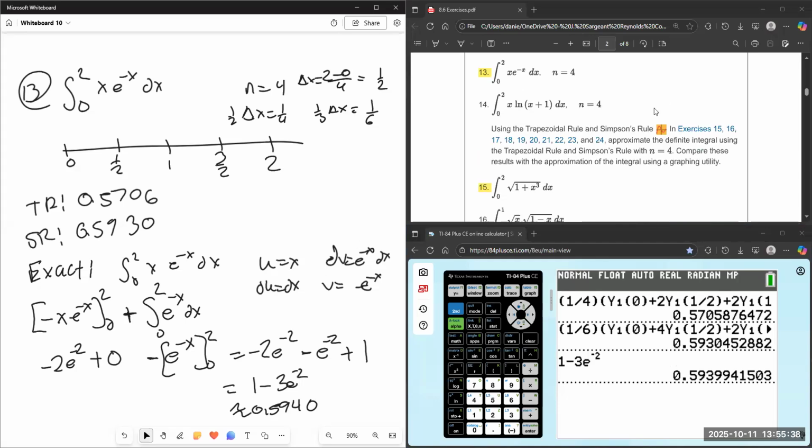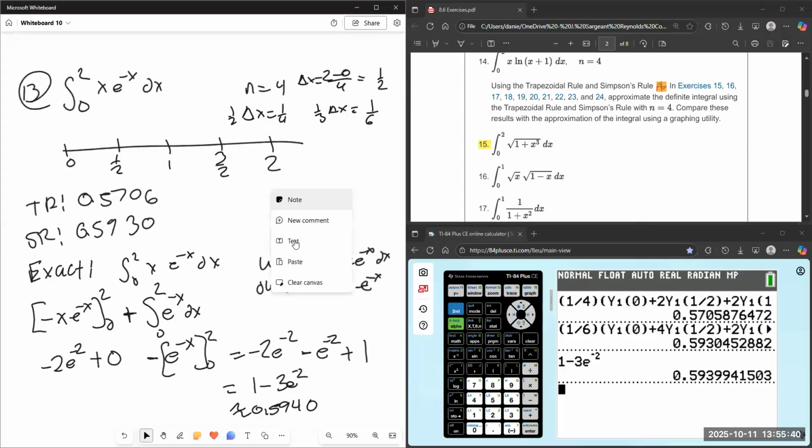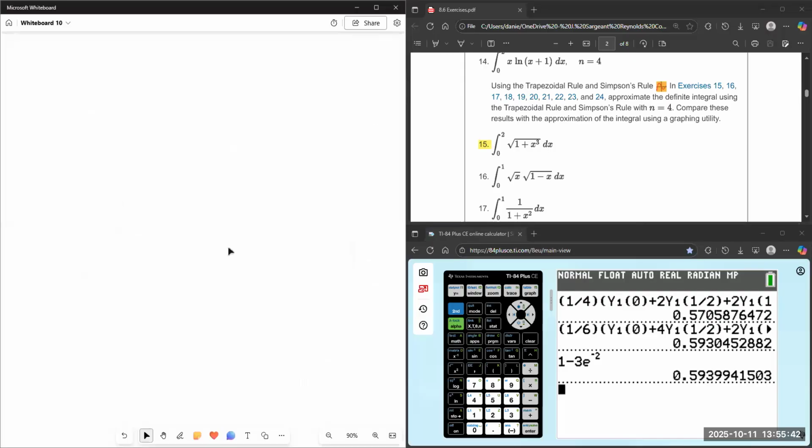Let's look at 15. We have the integral from 0 to 2 of root 1 plus x cubed. The difference in this problem here, why it's in a different section, is we cannot solve this one with basic integration techniques. So we'll have to use the calculator to get the quote exact value that we're going to compare, but everything else is the same here.